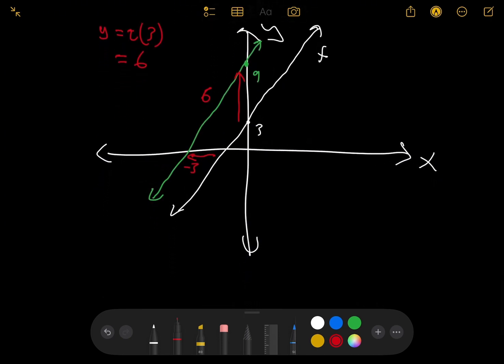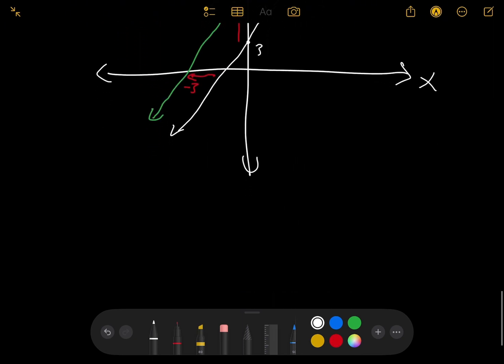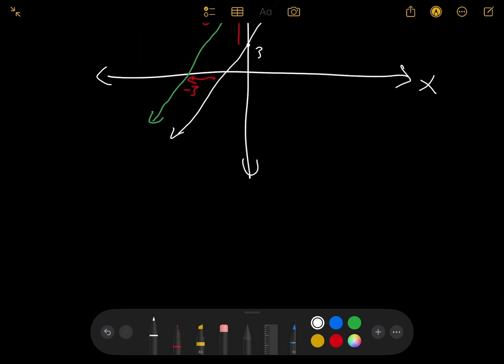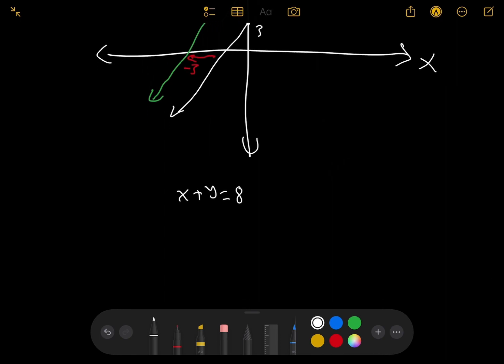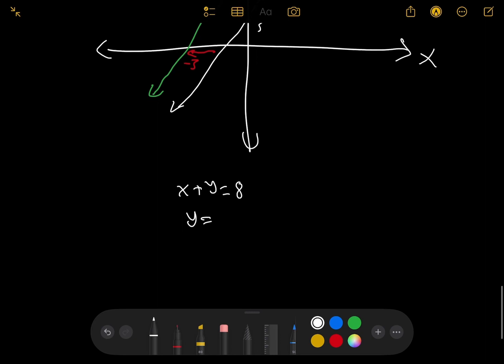Okay, and then we'd also have the cases where we'd have a parabola and then the linear graph. Sometimes they write a linear function as x plus y is equal to 8. You'd note that you would have to make y the subject of the formula, so you'd have y being equal to negative x plus 8.